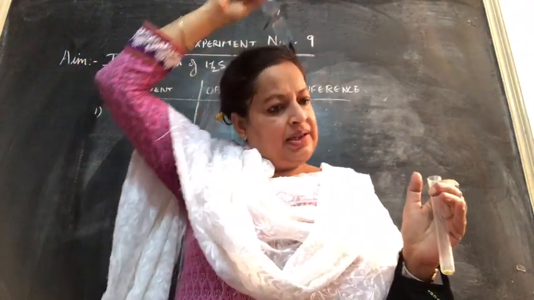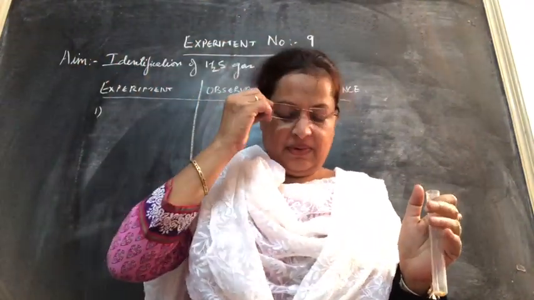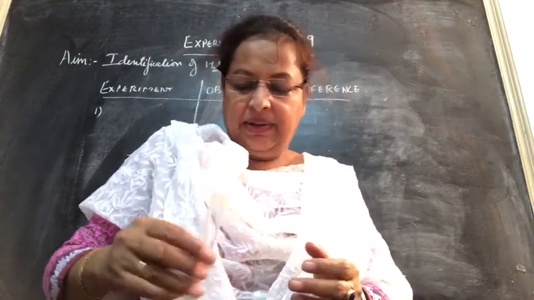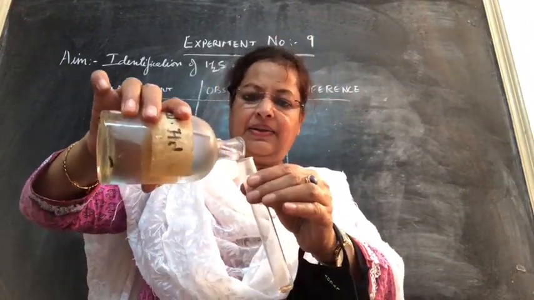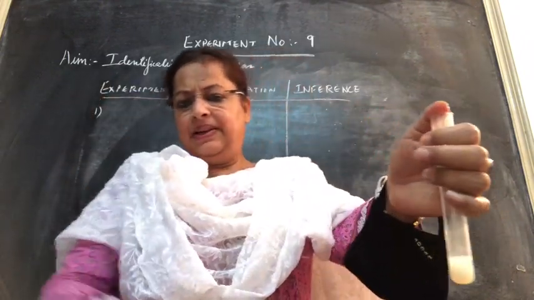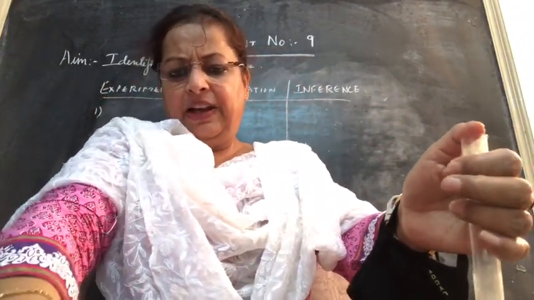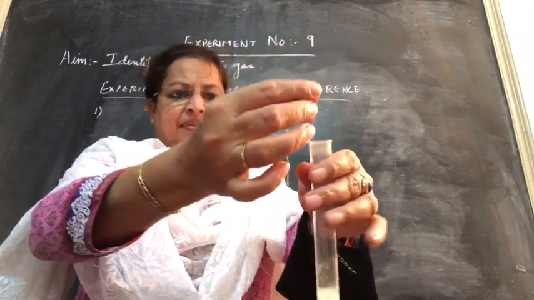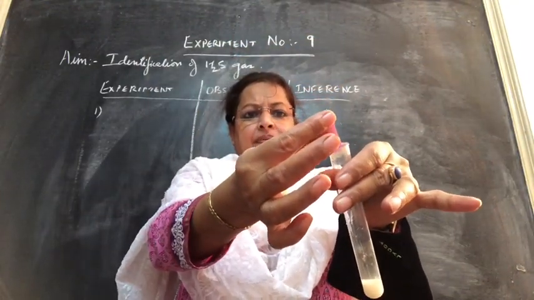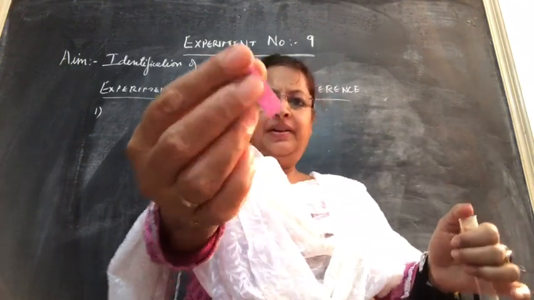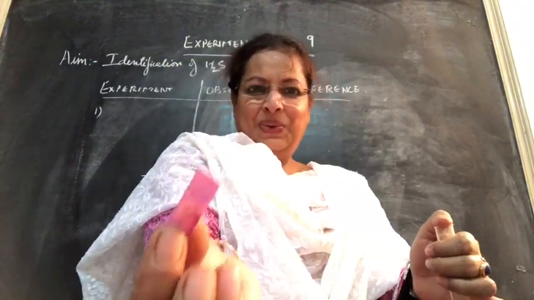So let's start. So first of all, I'll add dilute HCl to it. It's a colorless gas, but with very foul odor. Very foul odor. And you see, the blue changed to red.